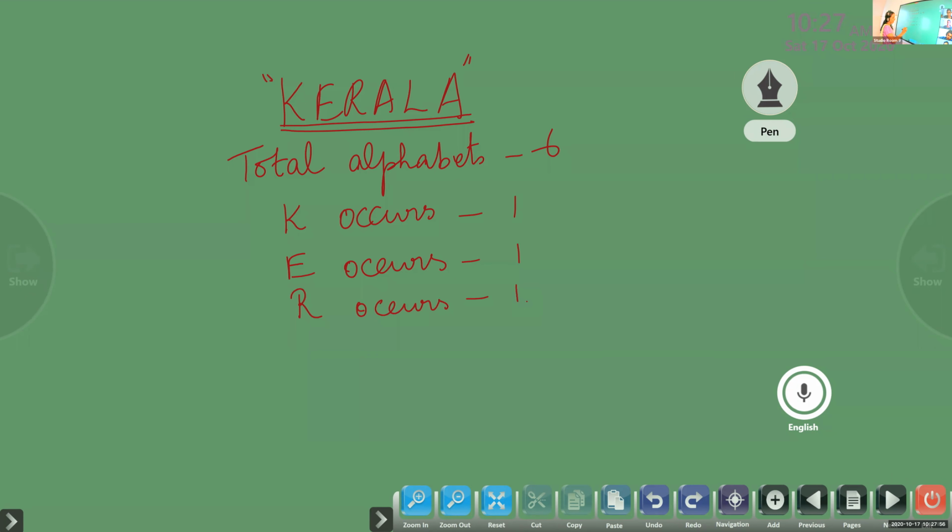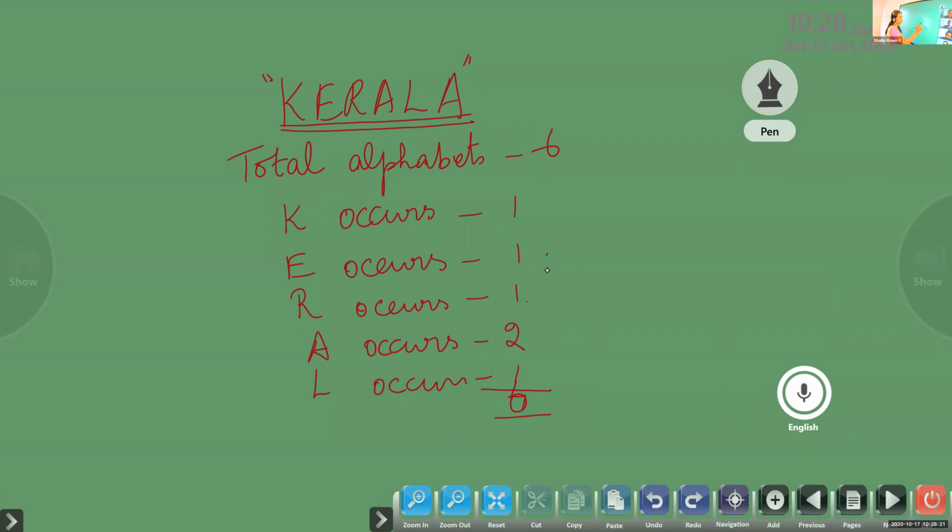If you take A, how many times do we have A? This is 2 times. And then L, just 1 time. So we have selected all the alphabets, isn't it? You can verify it here. Is it 6? 1, 2, 3, 4, 5, 6.